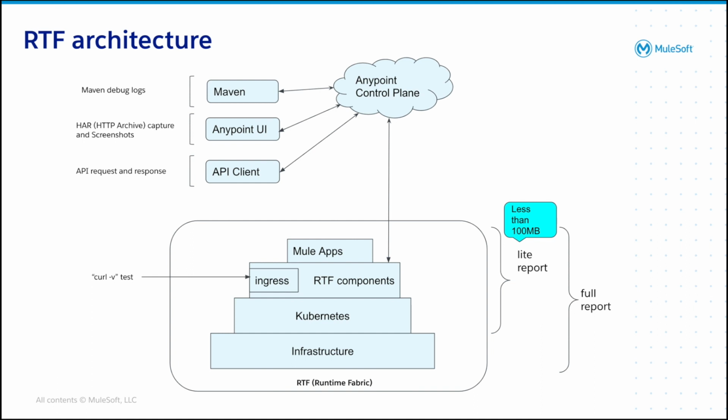Sometimes we run into infrastructure related issues. In this case, we need a full report. A full report includes a light report and it has all the logs from low-level services from all nodes. A full report may be up to 1 GB or 2 GB. In some scenarios, we have issues interacting with the endpoint control plane.